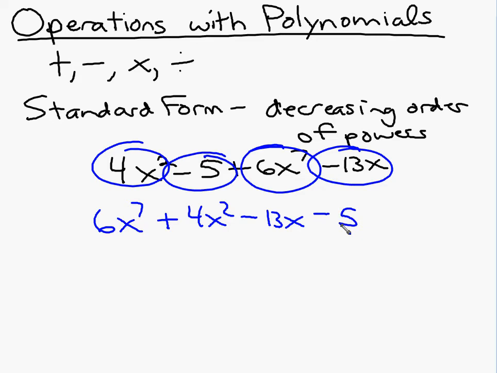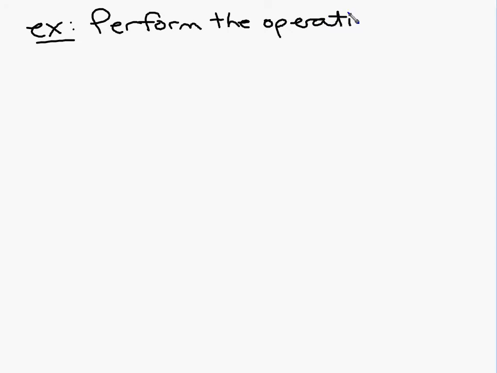All right. The next thing I want to do is get to some operations. So let's just say they tell you to perform the operation. Well, it could just be addition or subtraction.